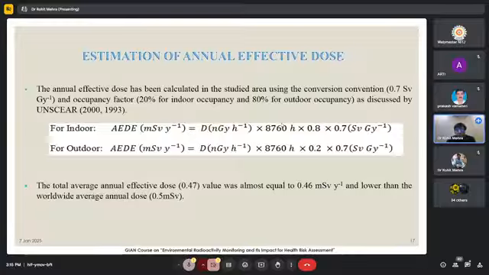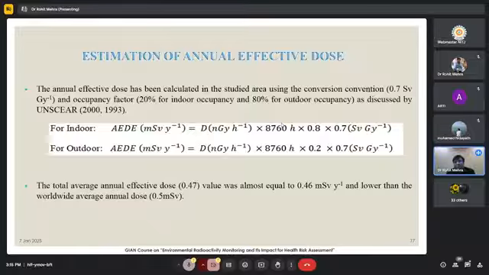Now, if you see the two equations for indoor and outdoor, they are very similar equations. For 1 year, we have taken 8760 hours, and this is the dose conversion factor, 0.7, which we have taken in both the cases. But in indoor, we have given a parameter of 0.8, because 80% indoor occupancy and 20% outdoor occupancy gives you this result.